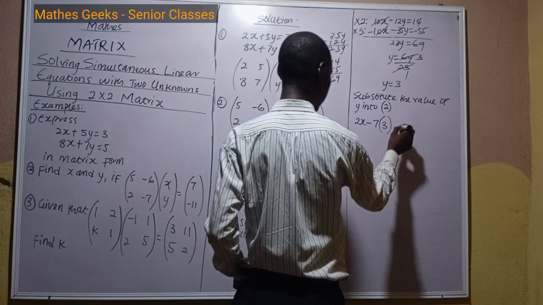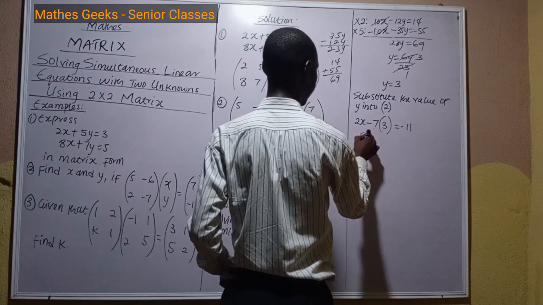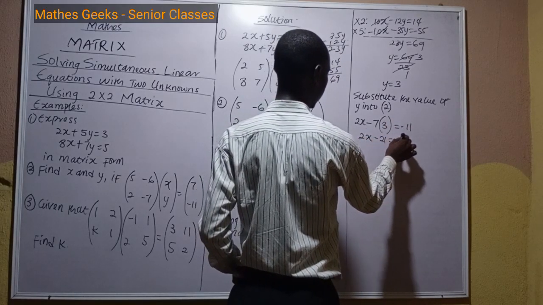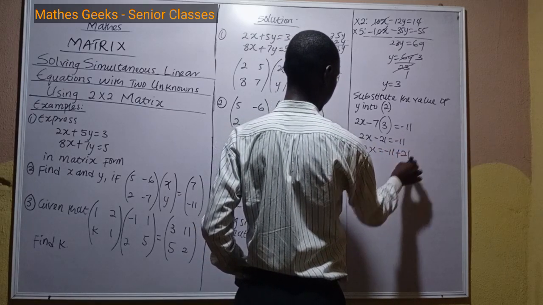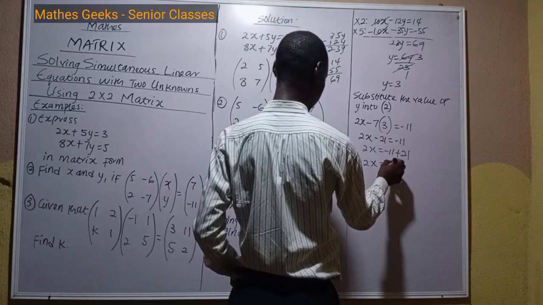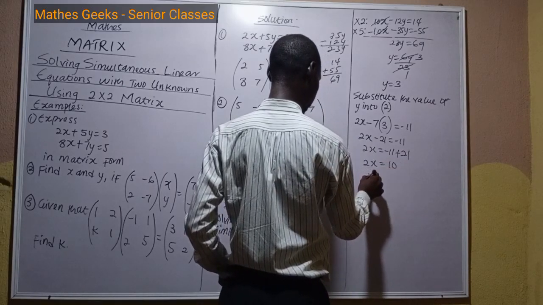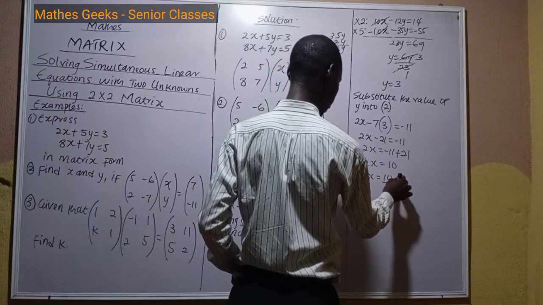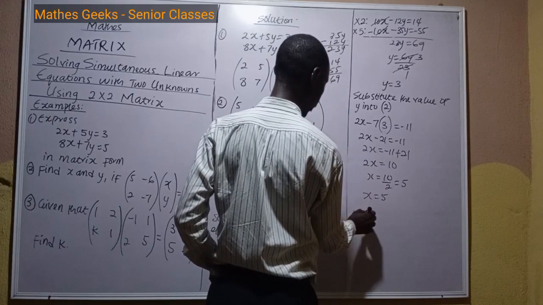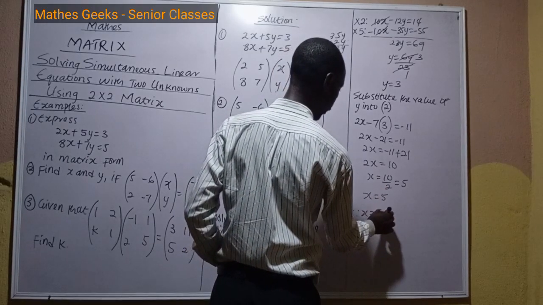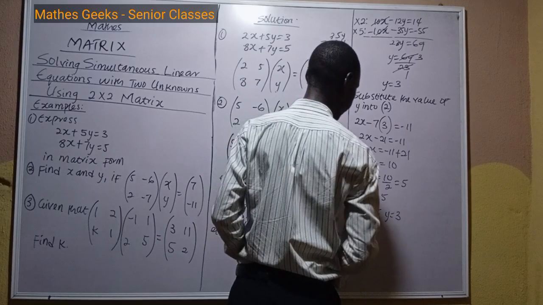So 2x minus 21 equals minus 11. So 2x equals minus 11 plus 21. 2x equals 10. x equals 10 over 2, which is 5. So x equals 5. Therefore, x is 5, y is 3.